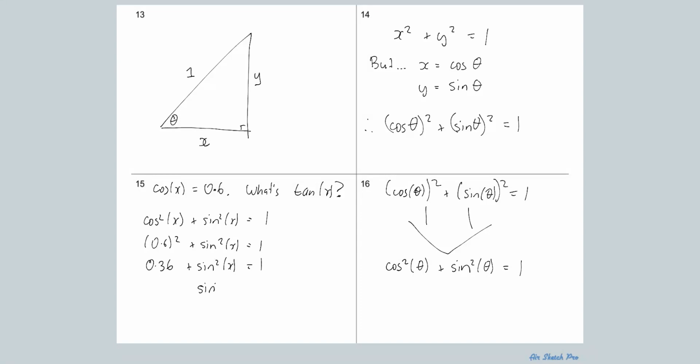And so sine squared x is equal to 0.64. I just took 0.36 away from both sides. Okay? So therefore, sine of x is equal to 0.8 because the square root of 64 is 8. So it's got to be 0.8. So I'm just going to continue this over here.